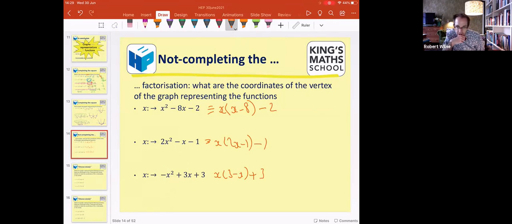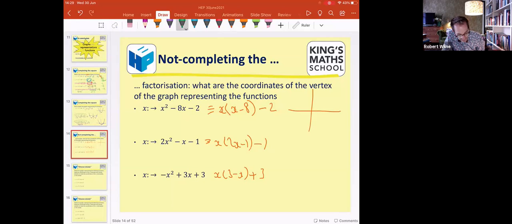And then the reasoning goes, quadratic graphs are symmetrical. By the way, we need to prove that, but let's assume it for the time being. Assuming that quadratic graphs are symmetrical, what this is telling me is that there are 2 places where I can see straight away the function takes the value -2.